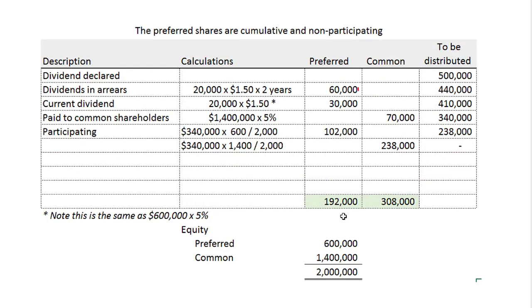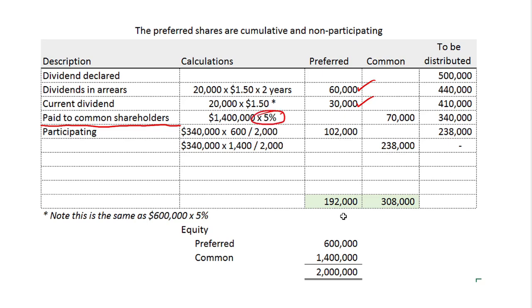So this is the same as before, $60,000, 2 years in arrears, current dividends, $30,000. Now the next thing you do is I like to say, make the common shareholders even. Give them the same dividend that you gave to the preferred shareholders at the percentage.